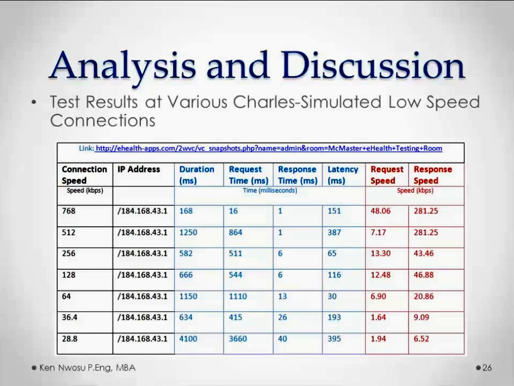Latency was at 395 milliseconds, and the actual initialization of the video interface occurred at a relatively slow rate, 1.94 kilobytes per second, and the response speed between the two-way conference links was 6.52 milliseconds. The positive result, though, is that once connection was made, the link remained stable enough for the duration of the transaction.